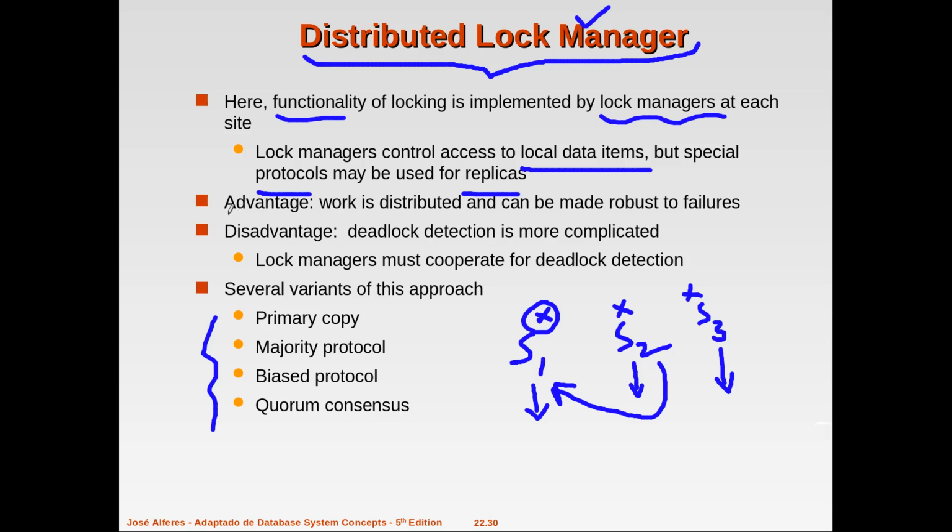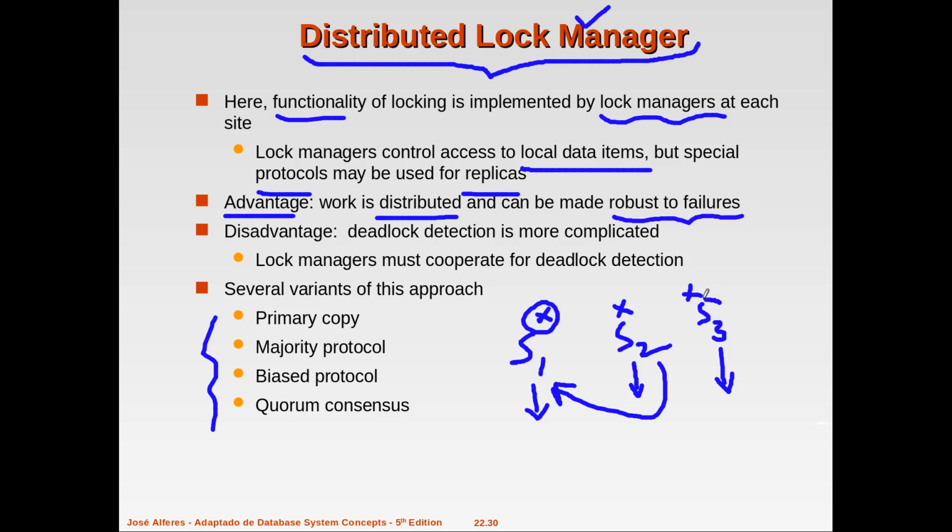Now the major advantage of this distributed lock manager is, as the work is distributed, we can avoid the bottleneck mentioned in the previous single lock manager approach, and it can be made robust to failures.